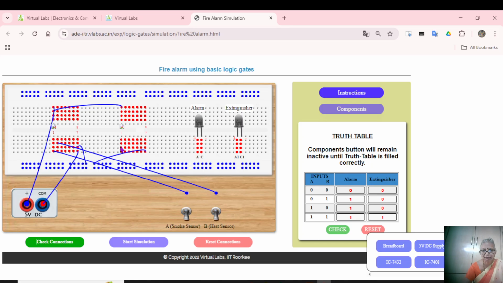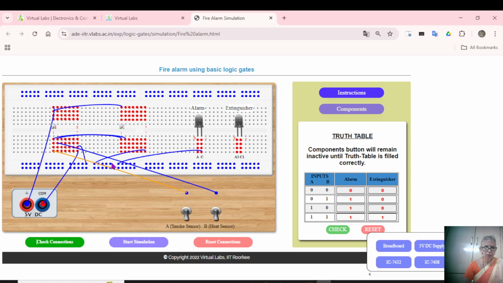Since it is not allowing you to connect more, you will connect it like this, 1 to 1. So both inputs are A, both inputs are B. Now connect this: positive is anode, this is cathode. So cathode always goes to the ground. Similarly, this cathode also goes to the ground.